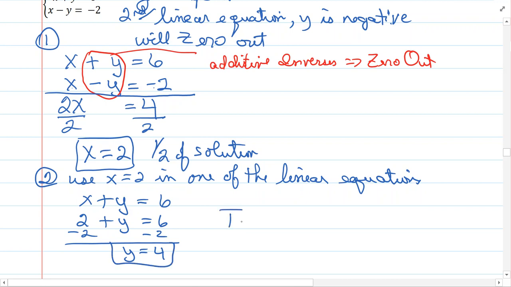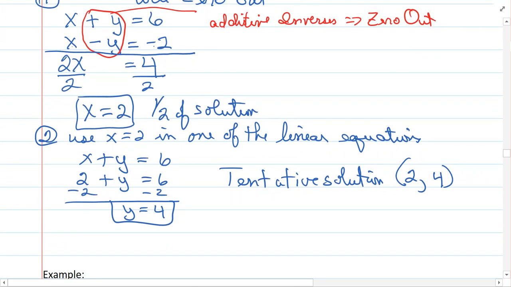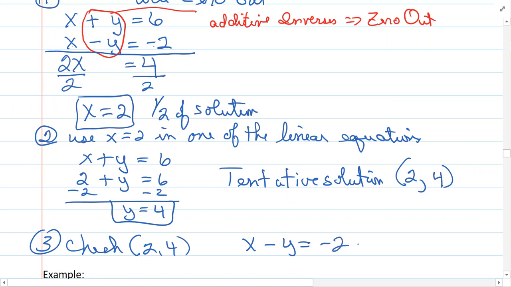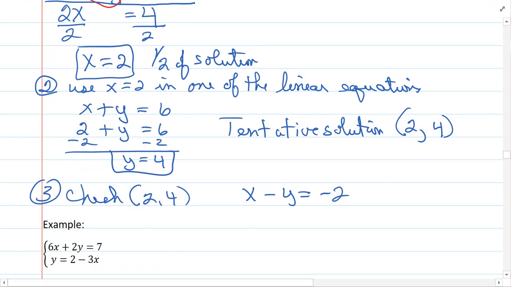So the tentative solution is the ordered pair 2, x is always first, and 4. Now I'm going to check. I'm going to use x minus y equals negative 2.